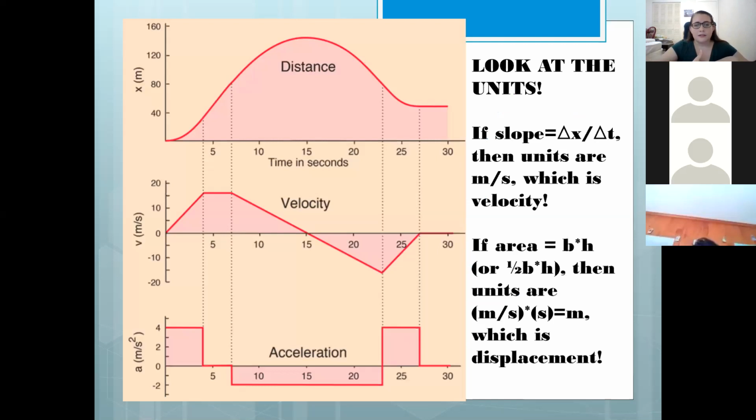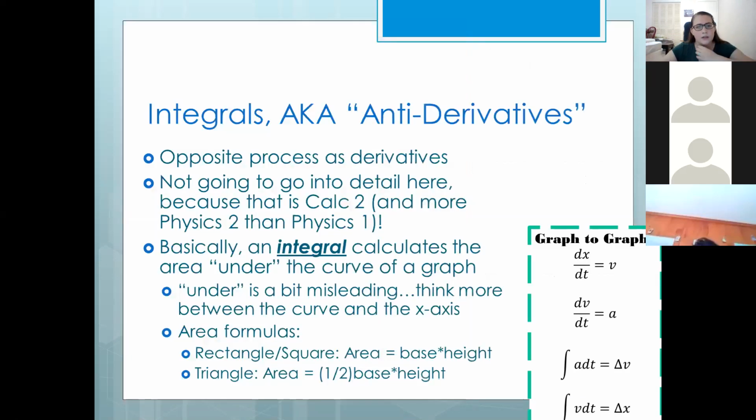Right, it's a little bit misleading to say the area under the curve from 15 seconds until 27 seconds because the shaded region is above the curve, right? So really when we say the area under the curve, we mean the area between our function line and the x-axis. Okay, hopefully that makes a little bit more sense.